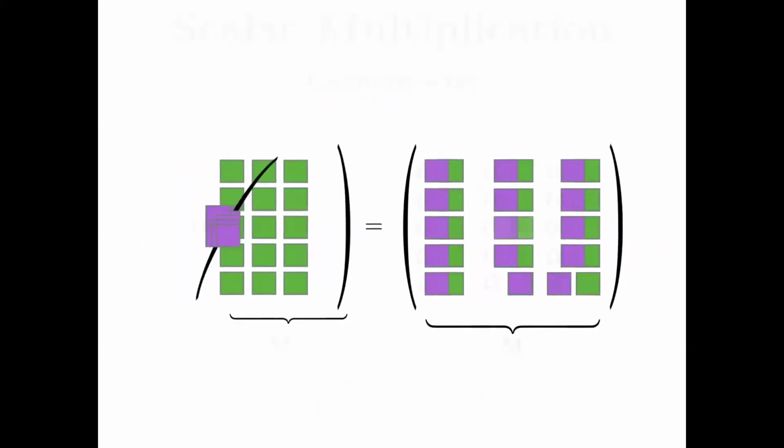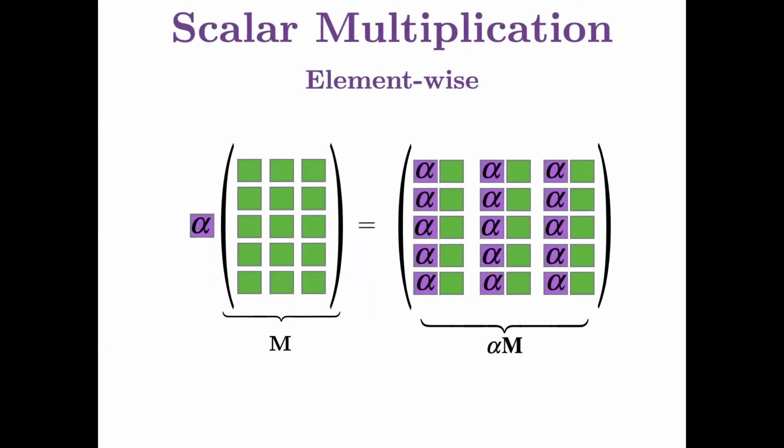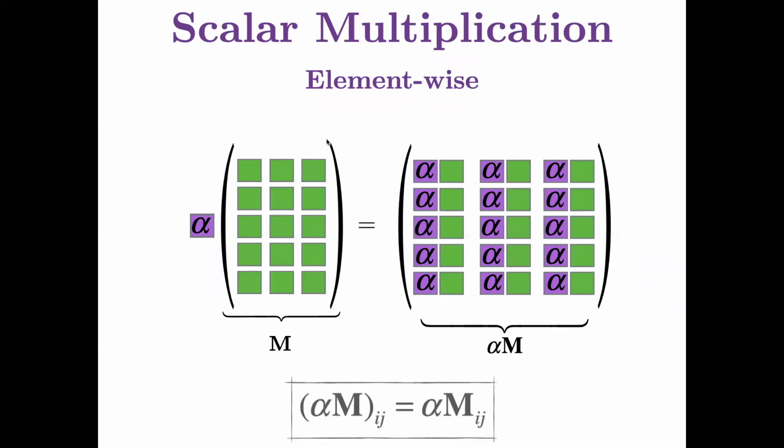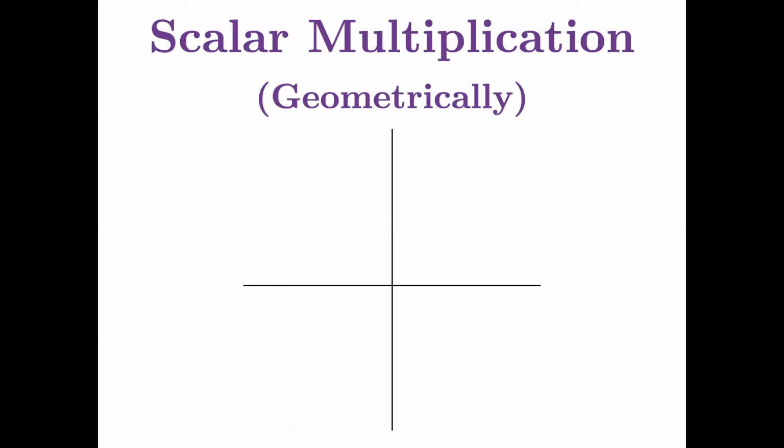Scalar multiplication happens when we have a single scalar multiplying an entire matrix or a vector. The way that we perform scalar multiplication is also element-wise, meaning that the scalar affects every element in that matrix. Mathematically, we might write that the ijth element of alpha M is alpha times the ijth element of M. It's also important to look at what scalar multiplication looks like geometrically.